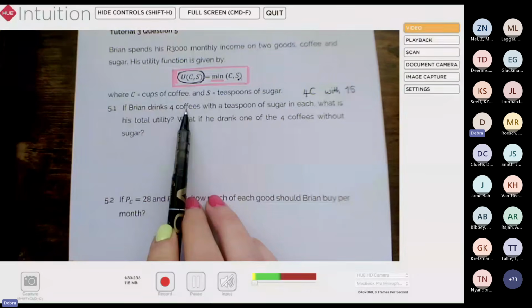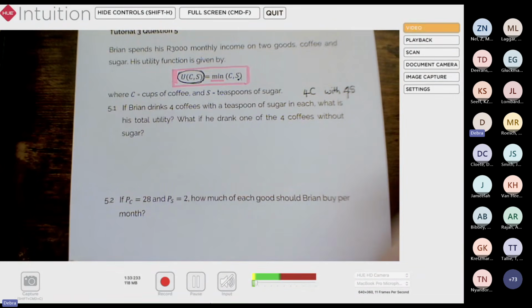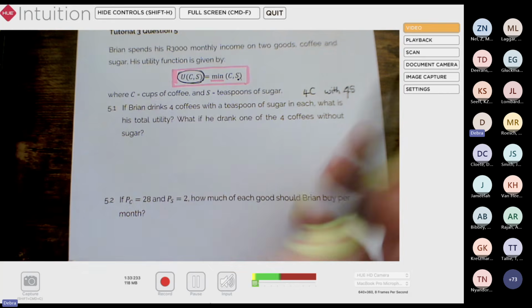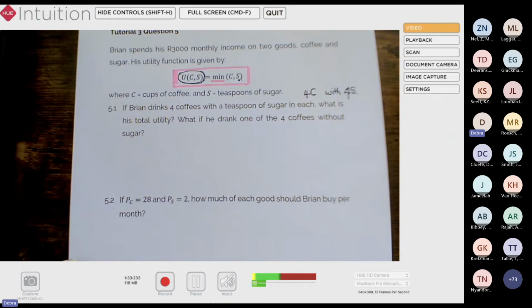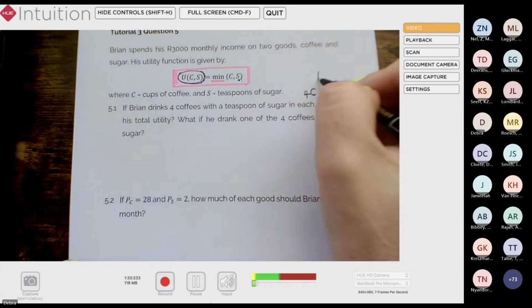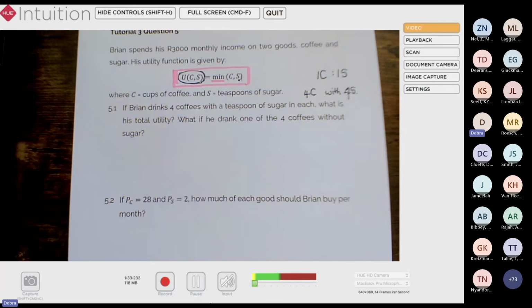Sorry, there should be 4S. Made such a big mistake there. So he drinks 4 coffees with a teaspoon of sugar in each, which means he consumes 4 sugars. So the ratio that he's using is 1C with 1 sugar. He always drinks a coffee with exactly 1 teaspoon of sugar. What is his total utility?